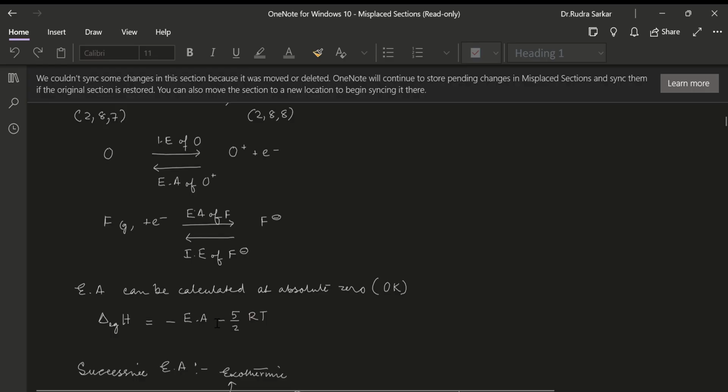So what you are thinking of as electron affinity is very similar to electron gain enthalpy. This Eg in the suffix means electron gain enthalpy, H is enthalpy, and it is related to electron affinity, and then there is R, which is the universal gas constant, and there is the temperature. And we have already said this is taking place at absolute zero.